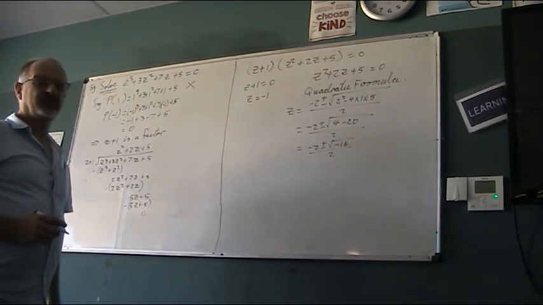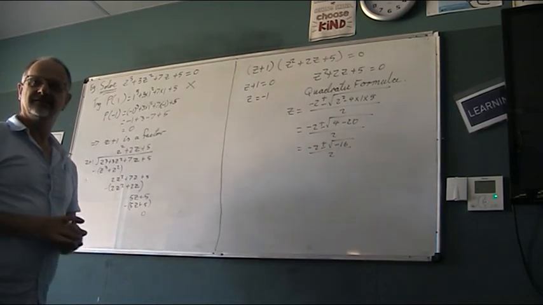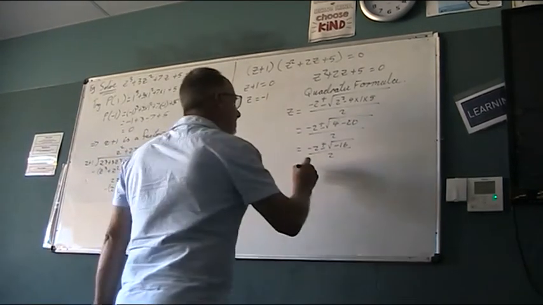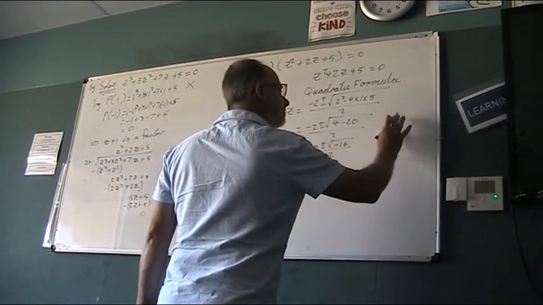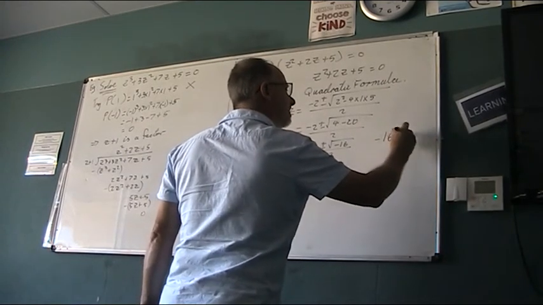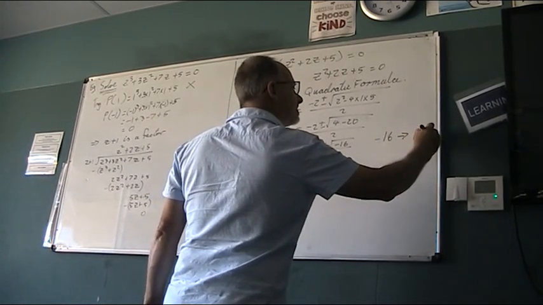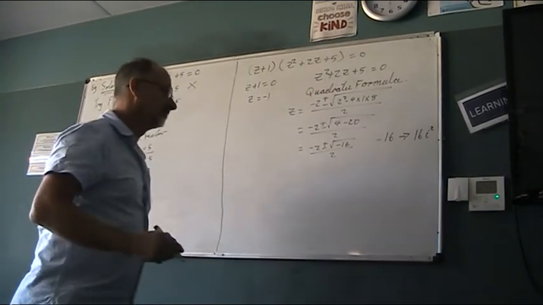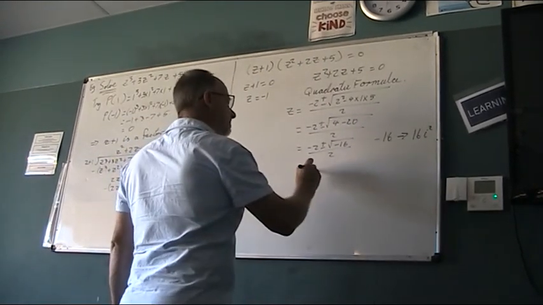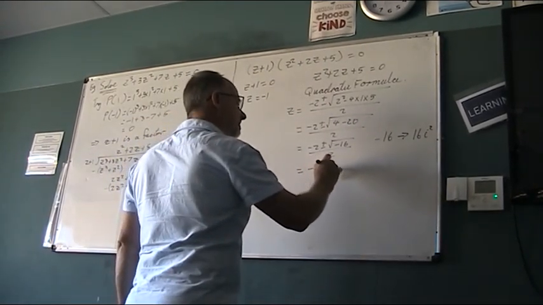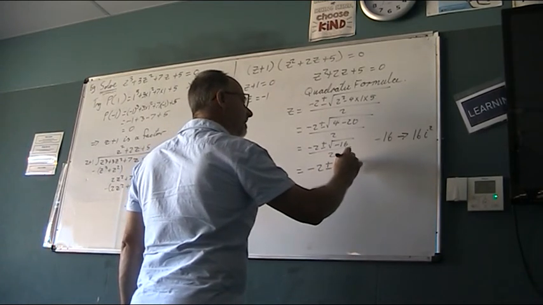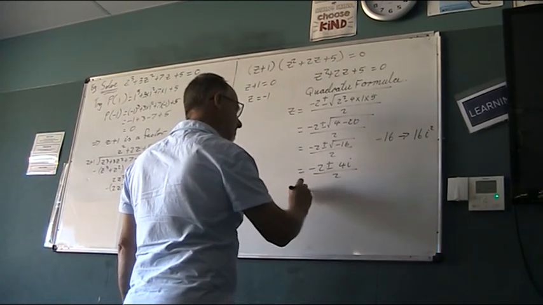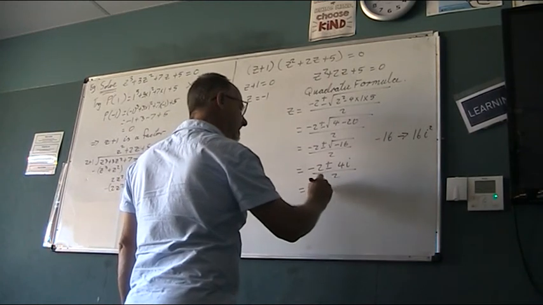So what are we going to do with that negative 16? Negative 16 becomes 16i squared. So then when we square root that, plus or minus 4i over 2, I'm going to take out 2 as a common factor.